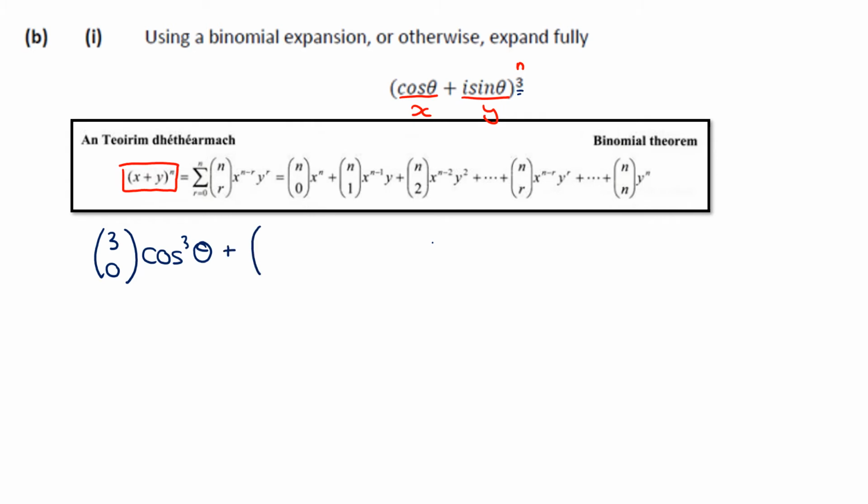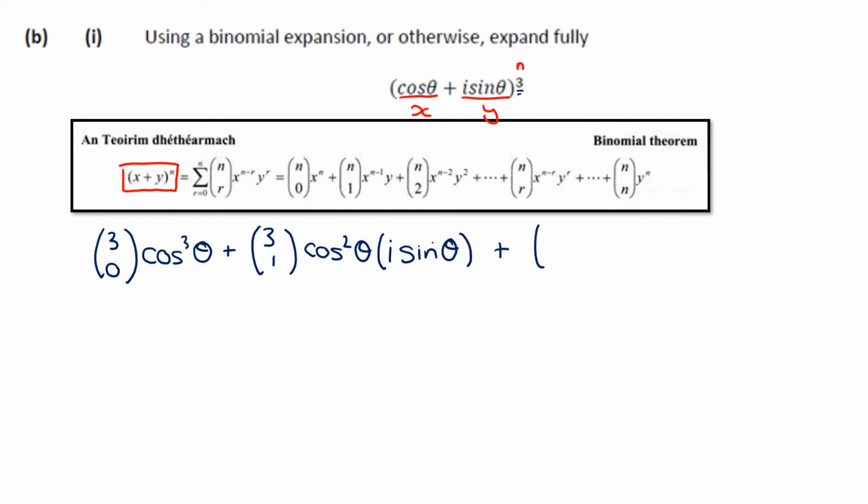Plus n choose 1, so 3 choose 1. x to the power of n minus 1, so 3 minus 1 is 2. So that gives me cos squared theta, and then times y. Now y does include an i, so just be careful to make sure not to drop that i. It's very important.